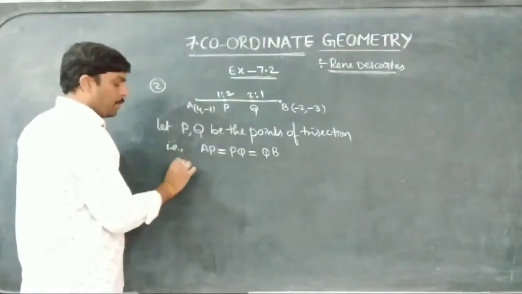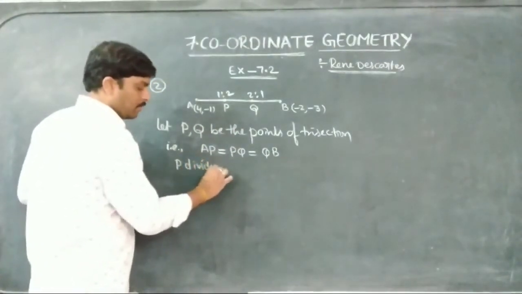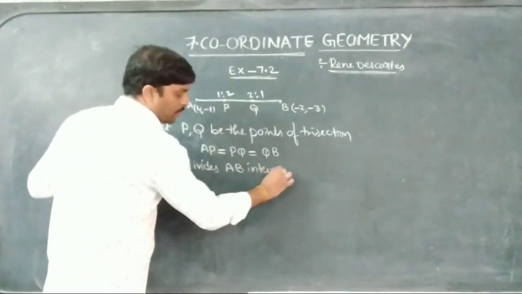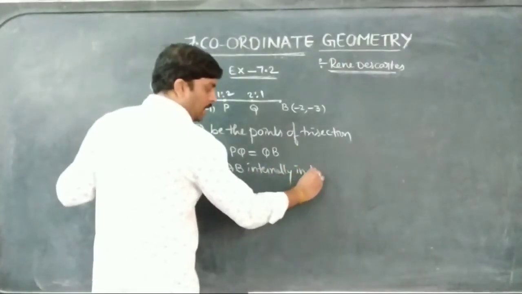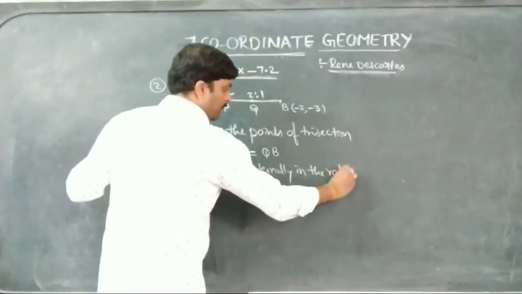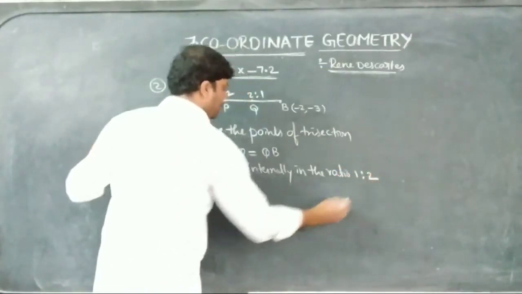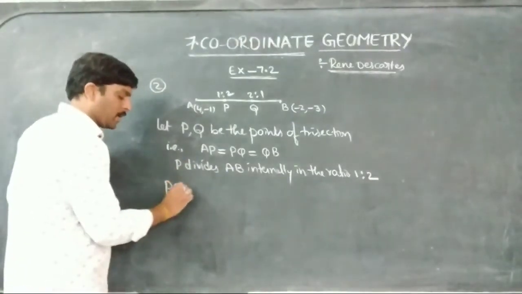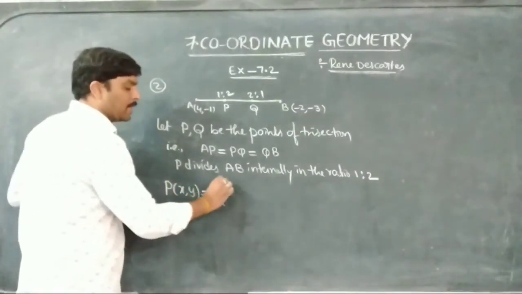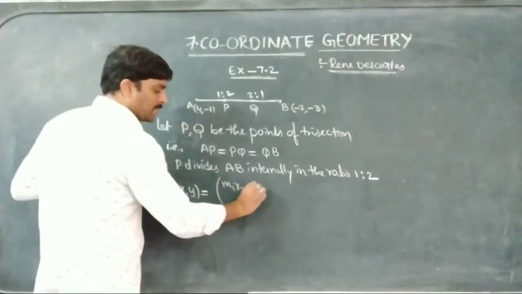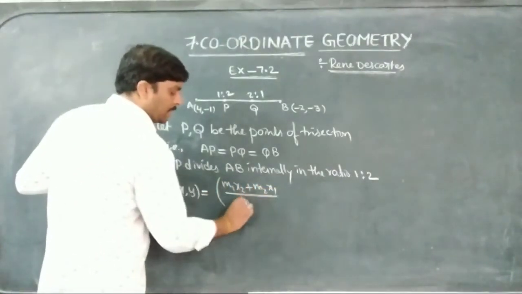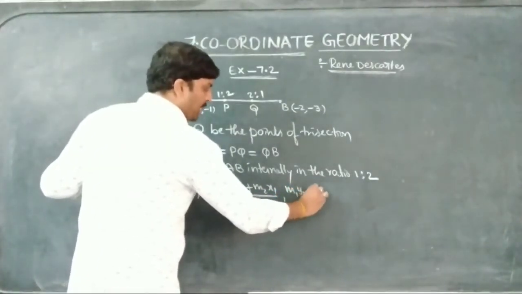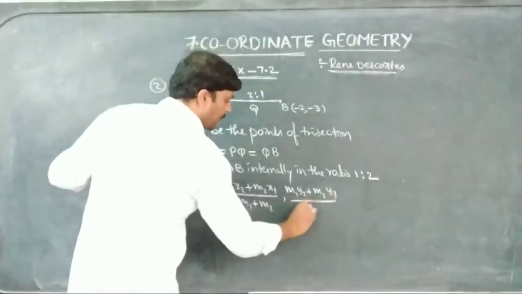So now P divides AB internally in the ratio 1:2. So now find P (x, y). We have the formula (m1x2 plus m2x1) by (m1 plus m2), next (m1y2 plus m2y1) by (m1 plus m2).